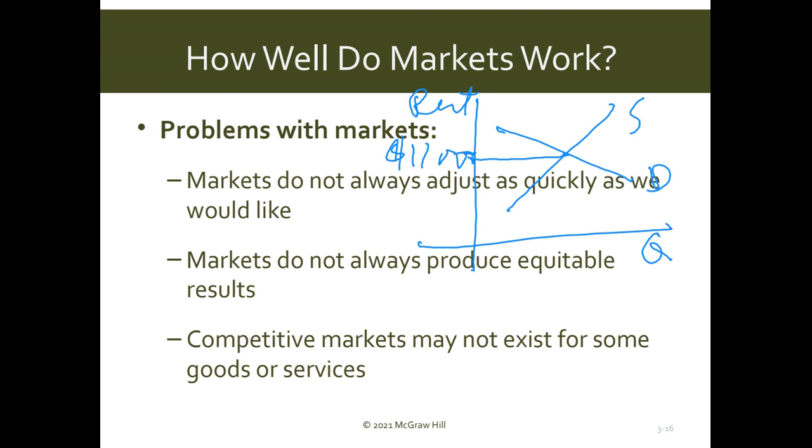Now, although the equilibrium rent is 1,100, for low income people, they might not afford this $1,100, and they can't rent a 1-bedroom apartment. So equilibrium price does not mean that is the best price.